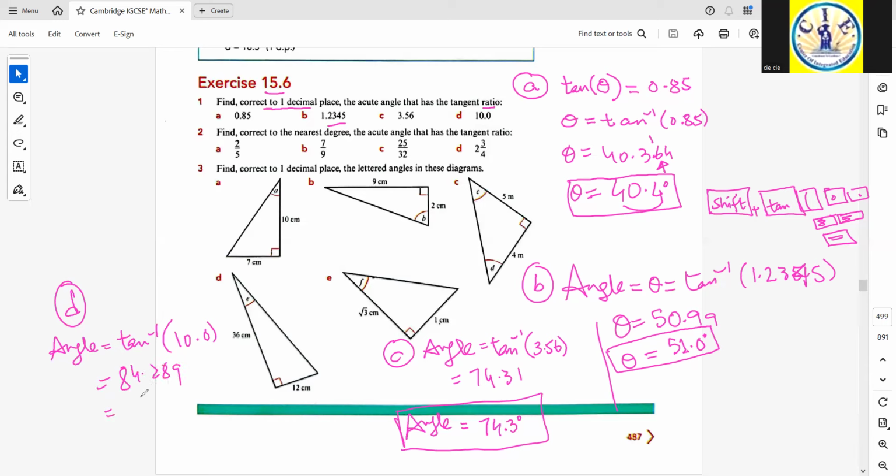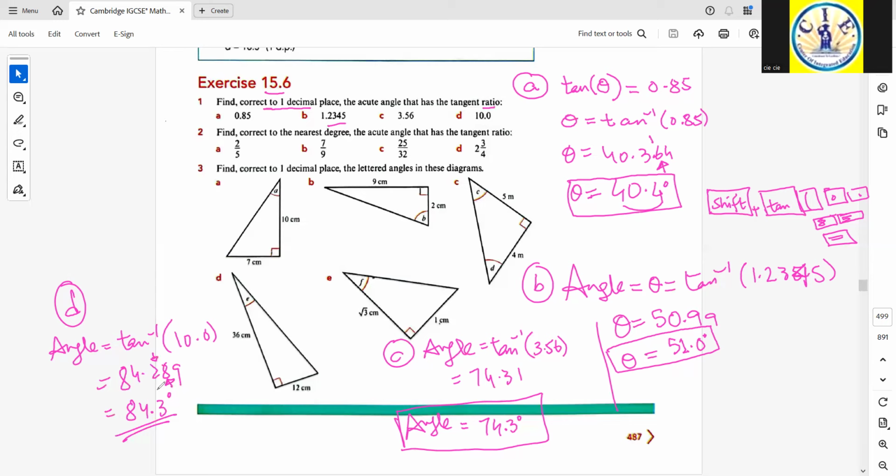And restricting the answer to one decimal place, it will be 84.3 degrees, since the second digit after the decimal is greater than 5. So this 2 will be rounded off to 3. So this is the required answer.